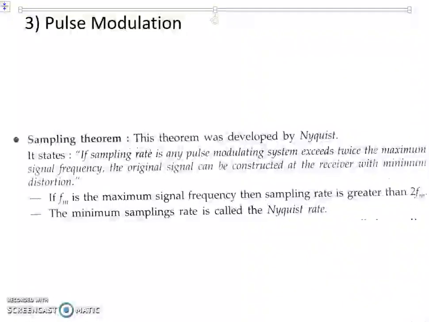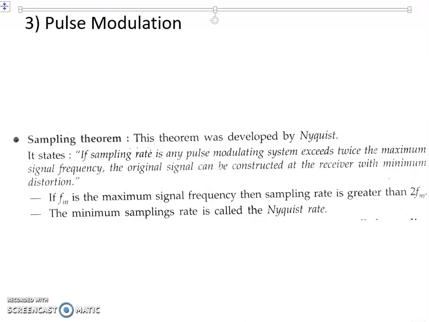Now let us see the third modulation technique, which is pulse modulation. Pulse modulation is a technique of modulating the analog signal and converting it into corresponding values. In this process, the instantaneous voltage of the analog signal is sampled at regular intervals and transmitted during these sampling periods.